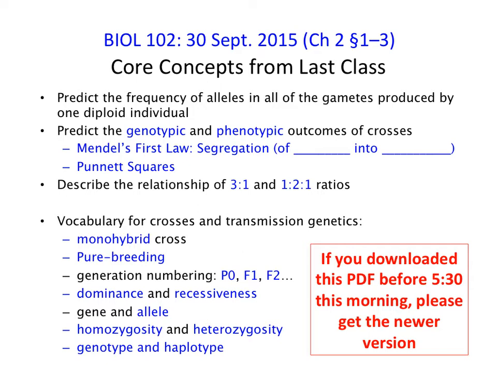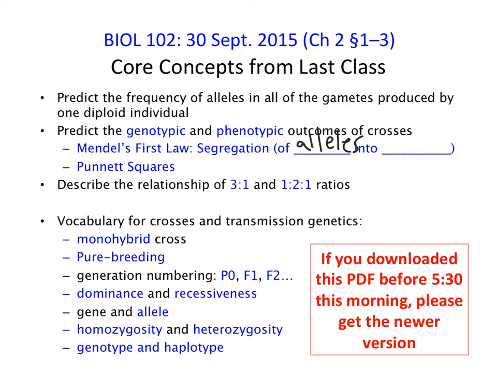So in this case, segregation, what is segregating? What's the first blank? This is segregation of something into something. What's being segregated? What would you use to fill in this blank? What word? Alleles. So versions of genes, copies of chromosomes, alleles, are segregating into gametes.